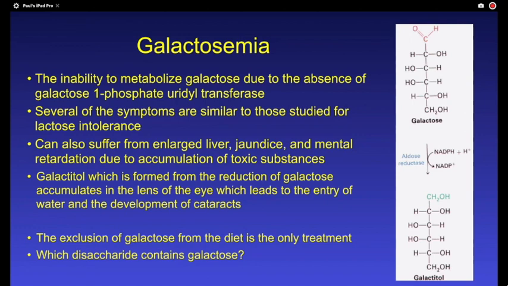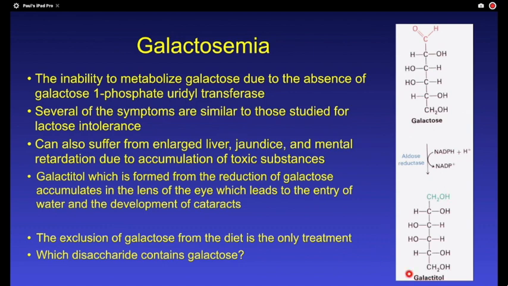It can't be processed by any enzyme in the body. And unfortunately, this thing can't be converted, and so it builds high in concentration and it gums up the works. It can get trapped in the liver and become an enlarged liver. It can cause jaundice. Most of the time, after long periods, it causes mental retardation.